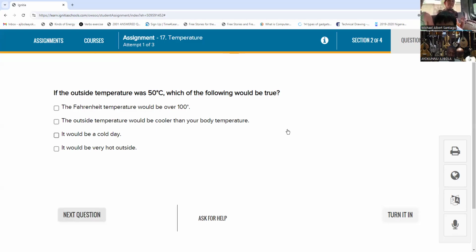Then plus 32. 90 plus 32 is what? That's 122. So the first one says the Fahrenheit will be over 100. That one is correct, okay? So you can say it will be very hot outside.